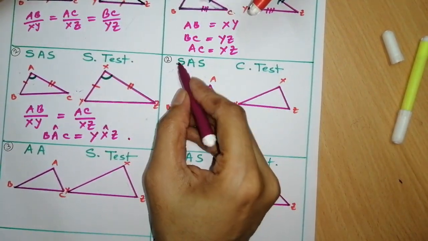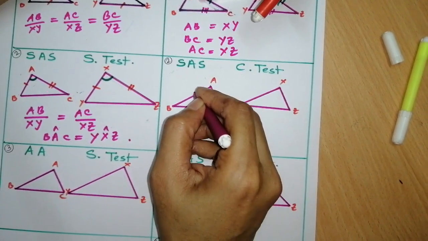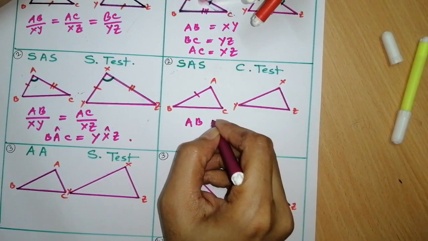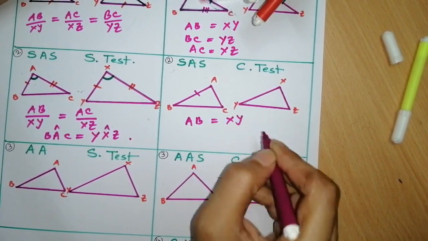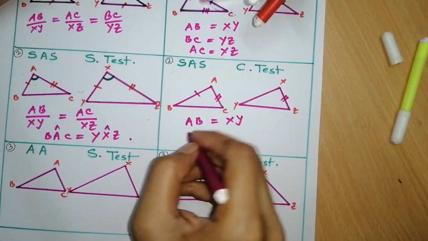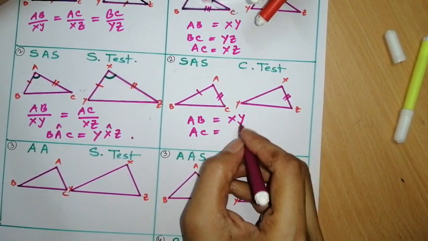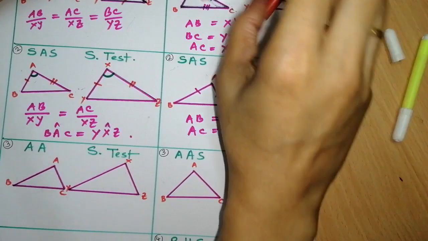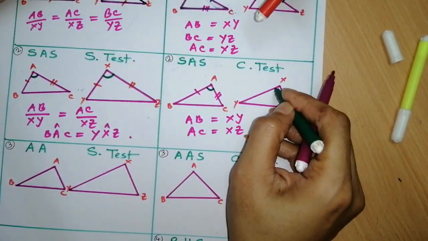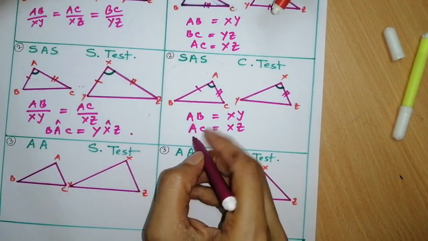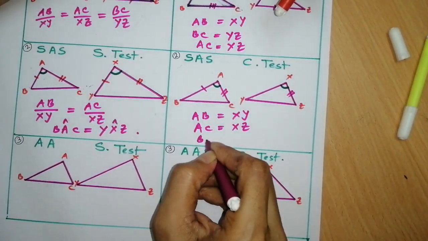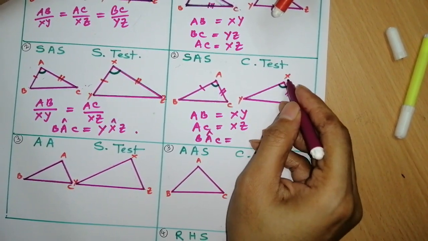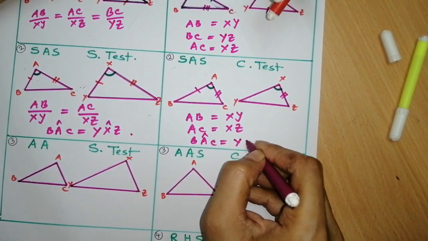And in congruence test, SAS, AB should be equal to XY, AC should be equal to XZ, and then their included angle A equal to angle YXZ.